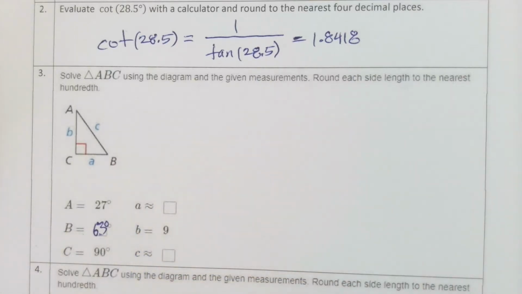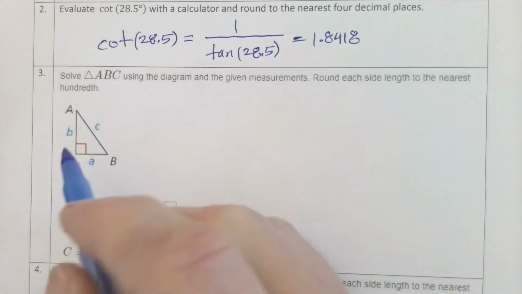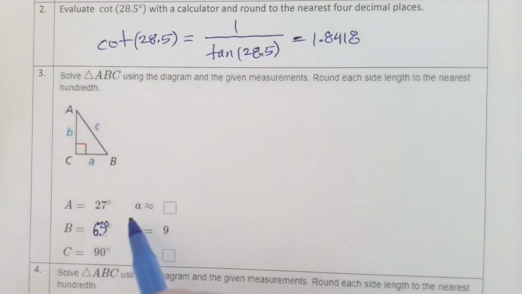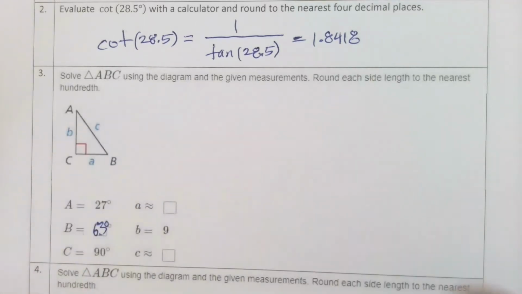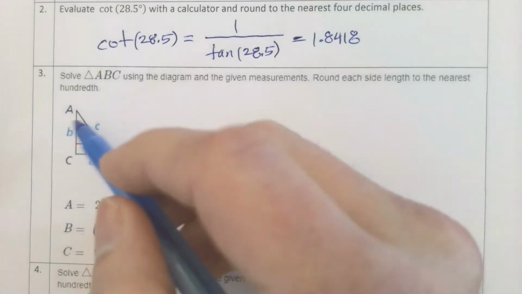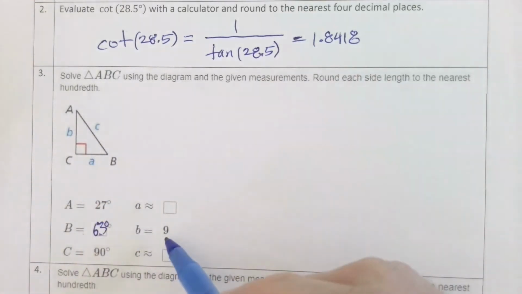You could also check that all 3 of these add up to 180. All right, now we're going to calculate side CB. Its dimension is called little a. And I think I'm going to refer to this angle up here, angle A, which is 27 degrees. I know that b, this side measurement here, is 9.